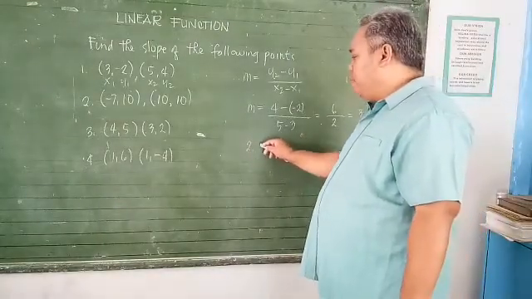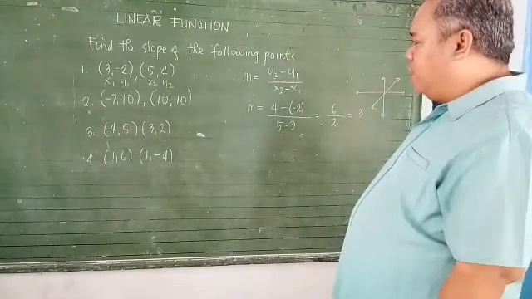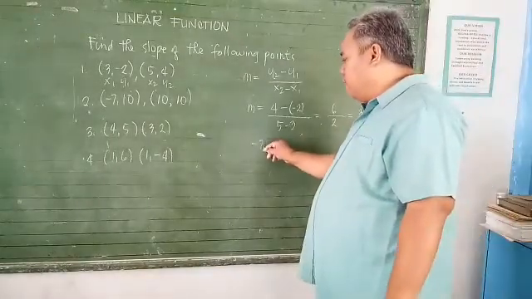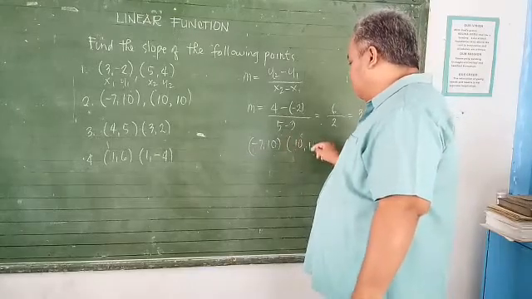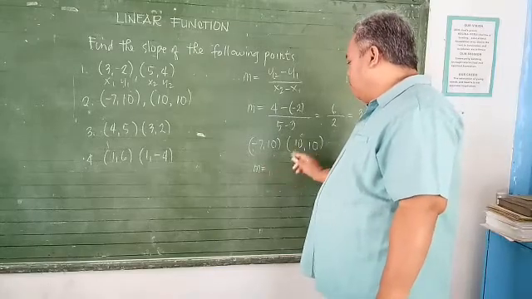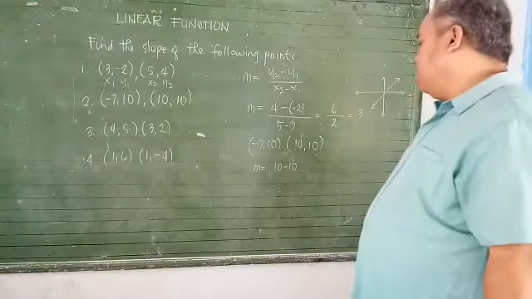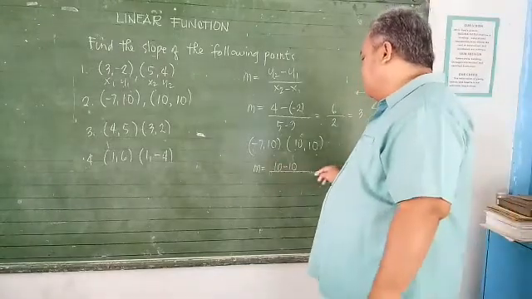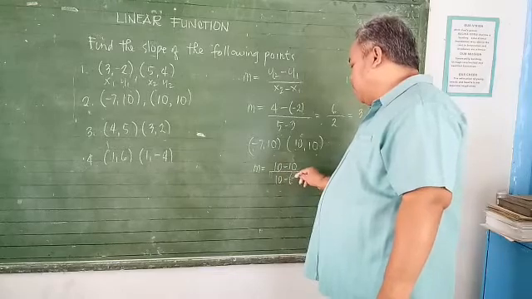For number 2 we have the given negative 7, 10, and then 10, 10. So negative 7, 10, and then 10, and 10. Okay? So m is equal to y sub 2, it's 10, minus 10, and then this is 10 minus negative 7.